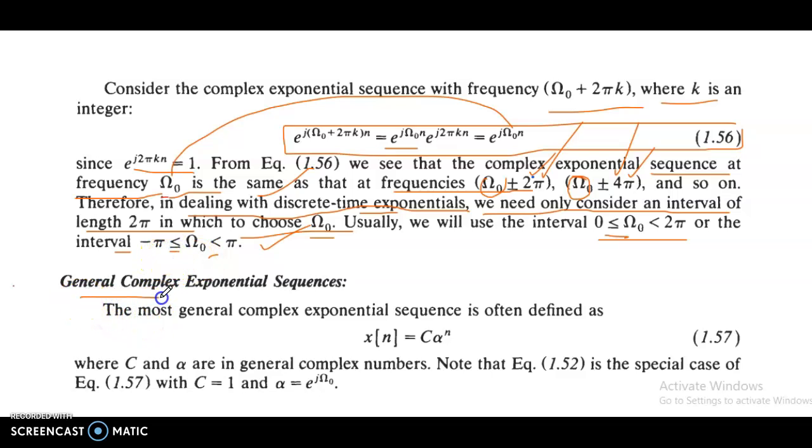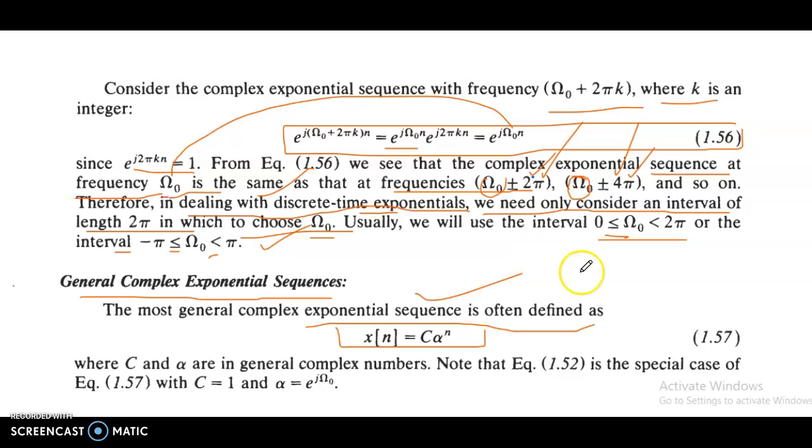Okay, the general complex exponential sequences. The most general complex exponential sequence is often defined as x of n equal to c alpha power n.